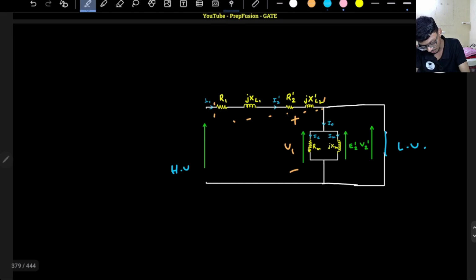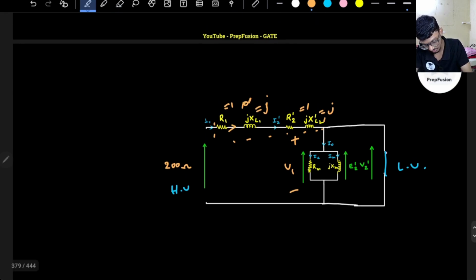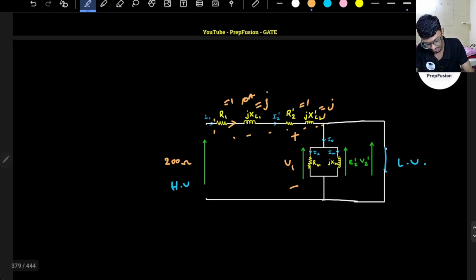So I am applying 200 volts here, and let me assume a few numbers. Let me assume that R1 is 1 ohm, jX1 is j1, and the secondary values are also 1 and j1. The rated current is 10 amperes, what I discussed, right? But if this is short circuited, what will be the current? Current will be voltage upon impedance.